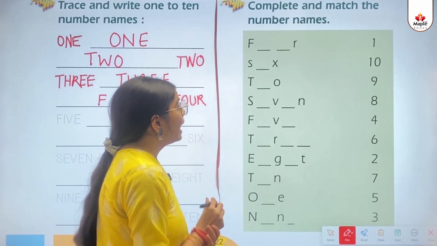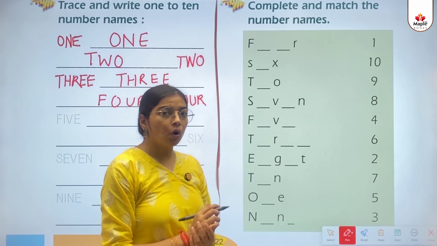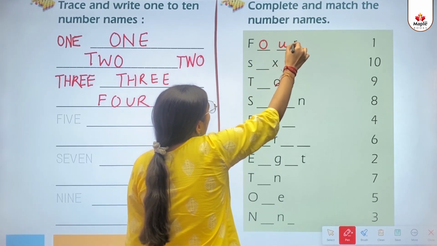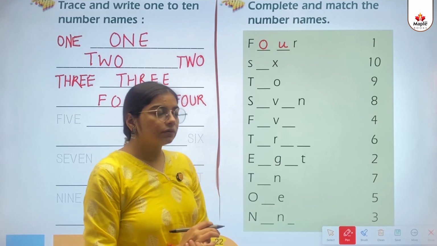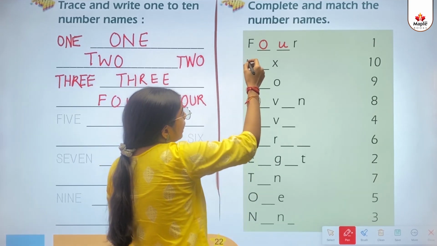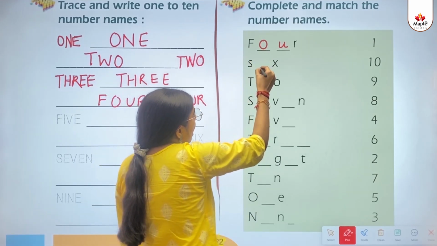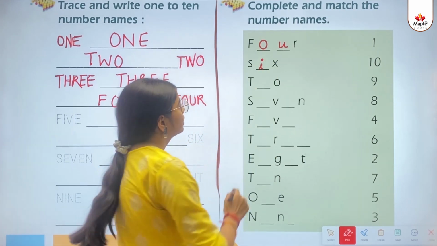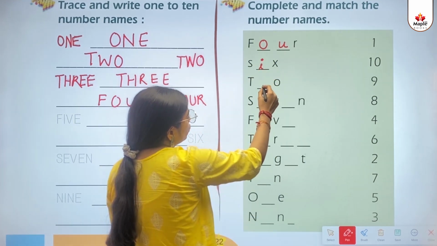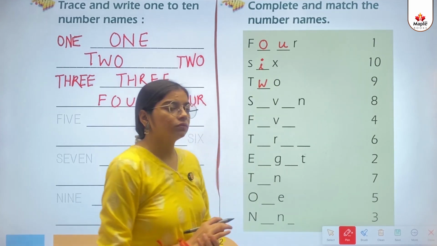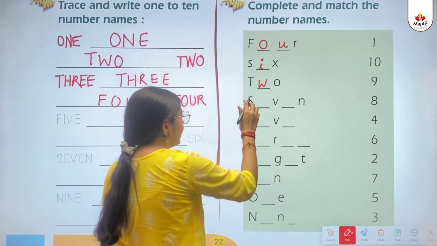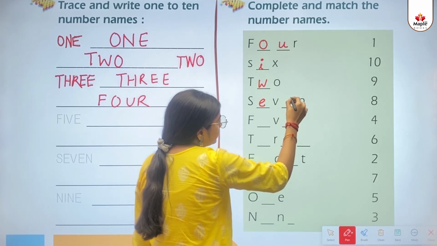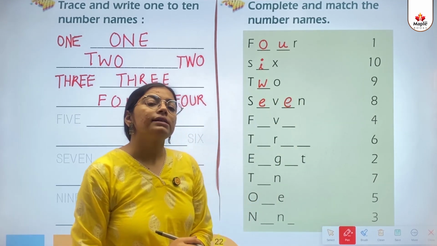First one, F O U R, 4. Then S I X, 6. T W O, 2. S E V E N, 7.